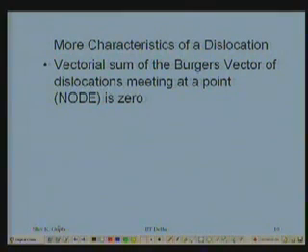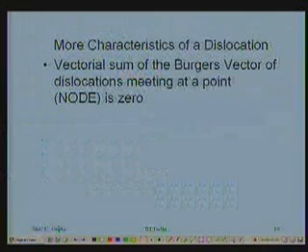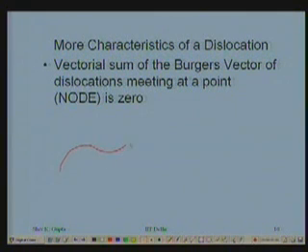Now, if there are dislocations meeting at a point in the crystal, say for example, there is a dislocation line here and another dislocation line like that and a third dislocation line going like this. They are all meeting in a node here.